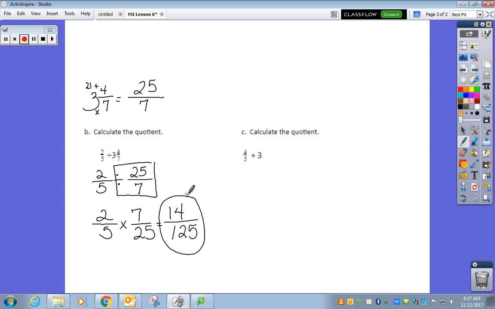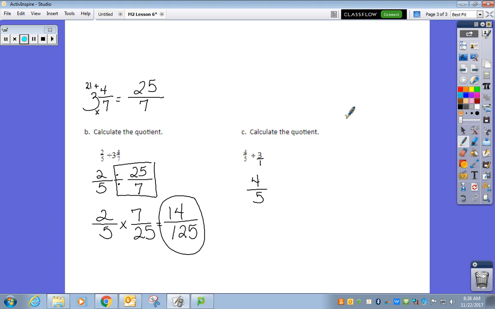For the second one, we've actually already done problems with whole numbers. Remember, you just have to put your whole number over 1. So this is going to be 4/5 divided by 3/1. I'm going to do the common denominator method here. I have to find a common denominator for 1 and 5. Anytime 1 is your denominator, you can just use the other number as your common denominator. So the 4/5 will stay the same.